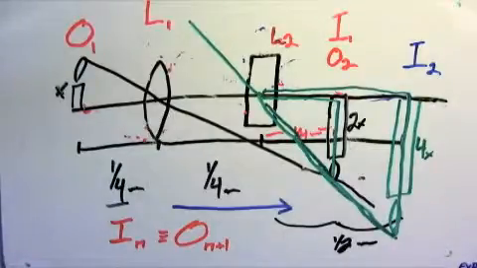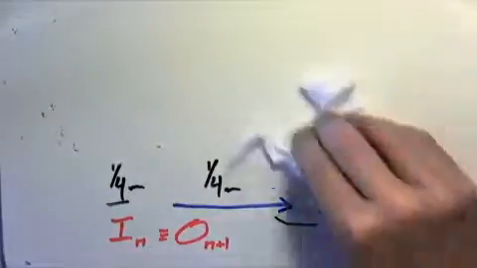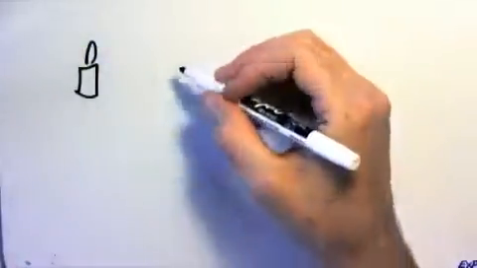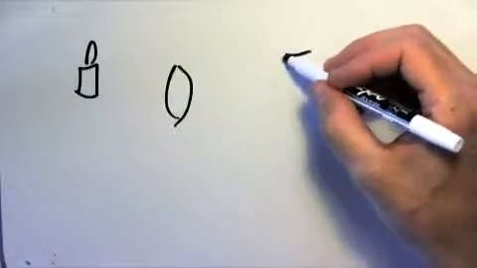You know, there's one more question that we could ask, which is this. Let's get rid of all of this stuff. And I'm going to make a kind of a bare bones version of the diagram that we just saw, which is this. We had our first image here, and we had one lens, and we had another lens.